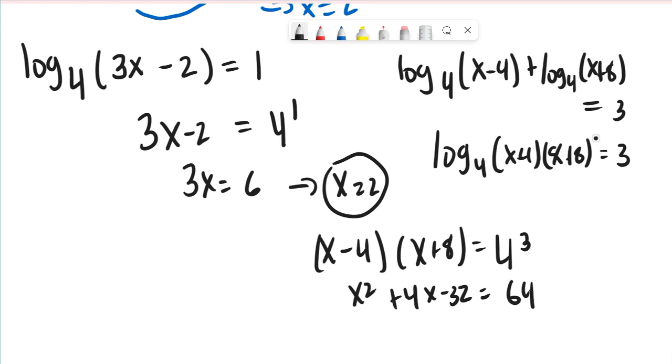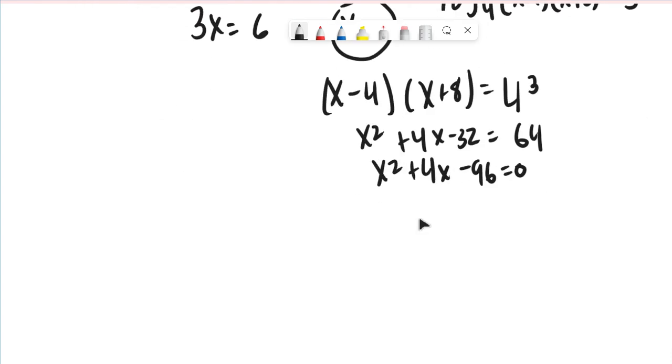And let's see, okay, this is going to be x squared plus 4x minus 32 equals 64. Okay, so that's going to be minus 96, so x squared plus 4x minus 96 equals 0. Now, to solve that equation, basically, actually, no, sorry, it's x minus 8 times x plus 12 equals 0.